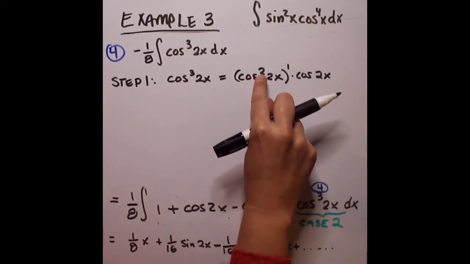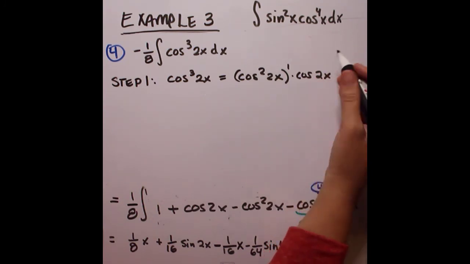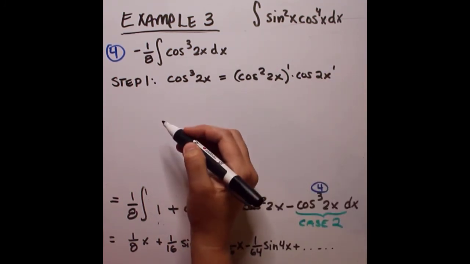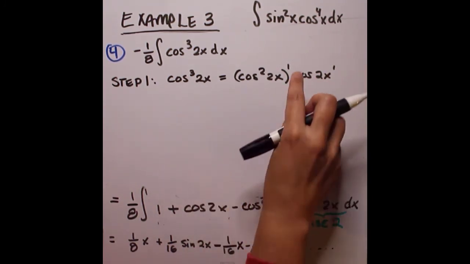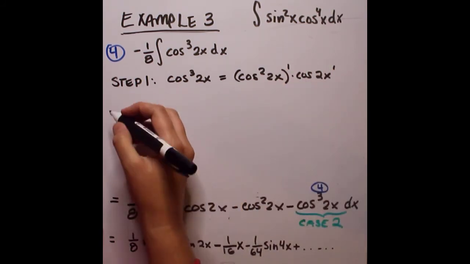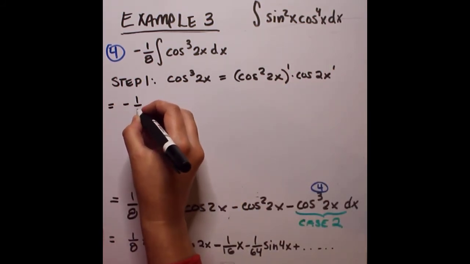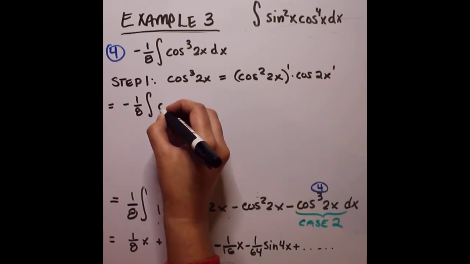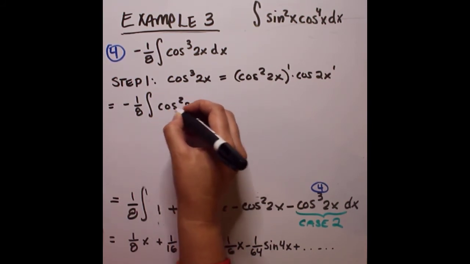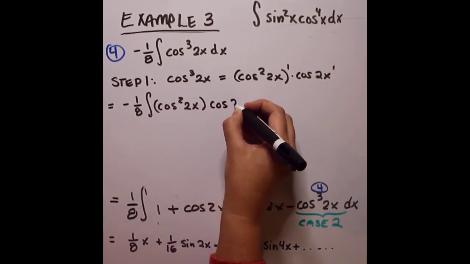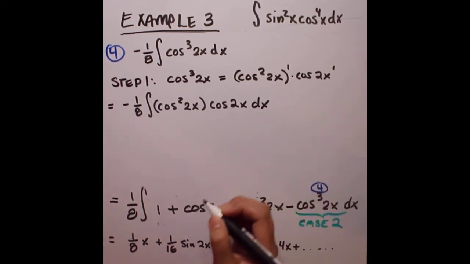So 2 times k plus 1, that was step 1 for case 2. I'm not really going to keep the invisible ones on there. And so far we have 1/8 integral of cosine squared 2x times cosine 2x dx.